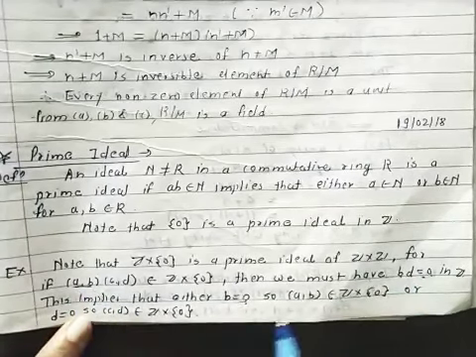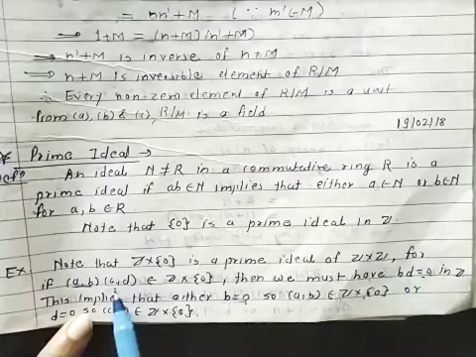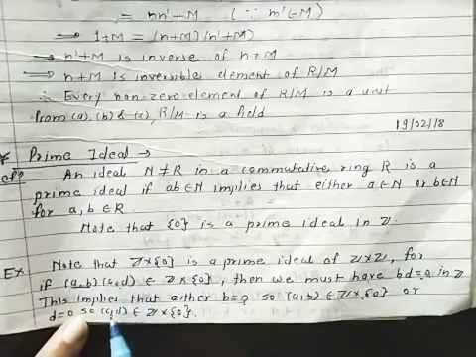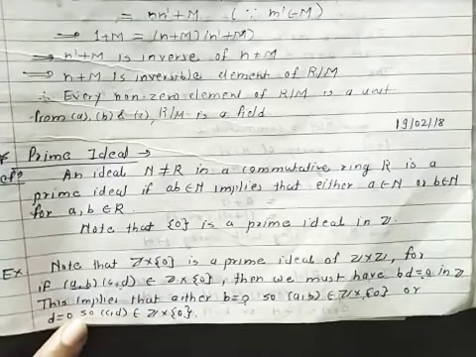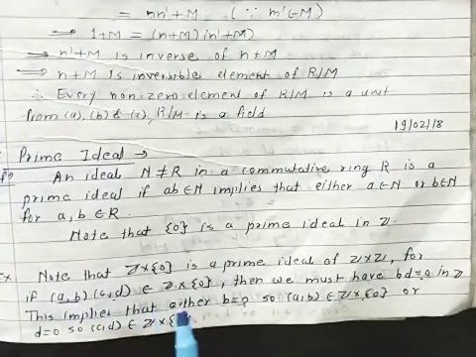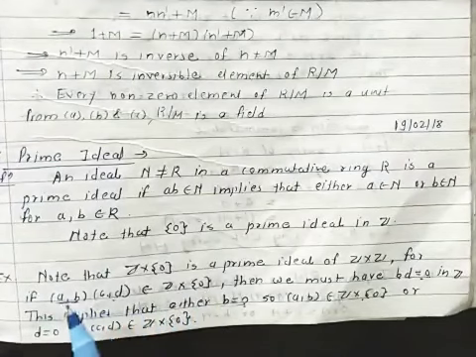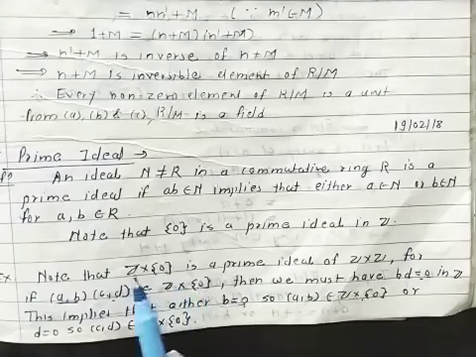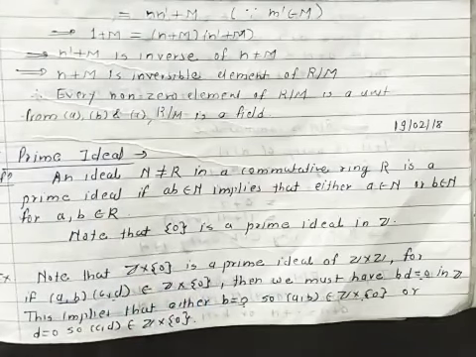Or d is 0, and in this element d is 0, so we can definitely say that (c,d) belongs to Z cross 0. So what we have shown is, if the product of two elements belongs to Z cross 0, then either the first element belongs to this set or the second element belongs to this set. Therefore, we can say Z cross 0 is a prime ideal of Z cross Z.